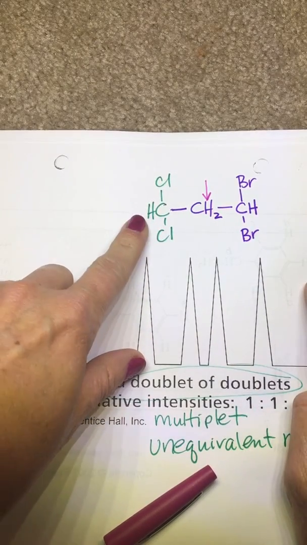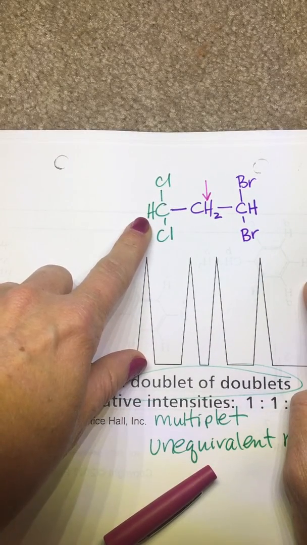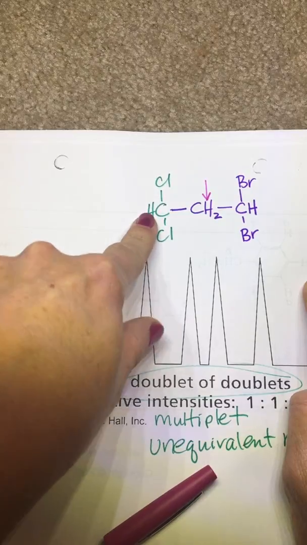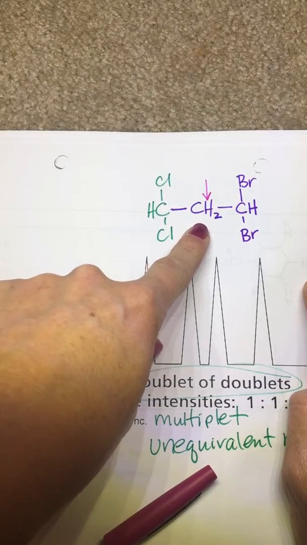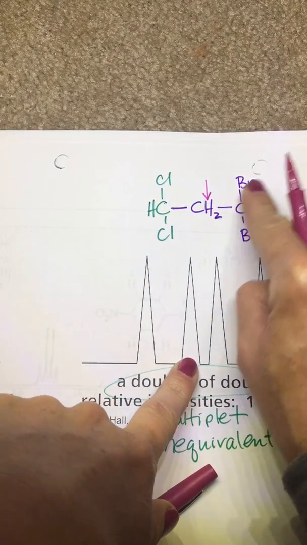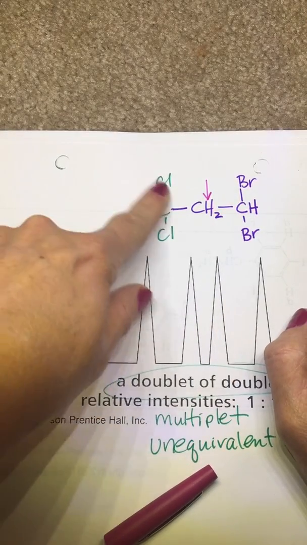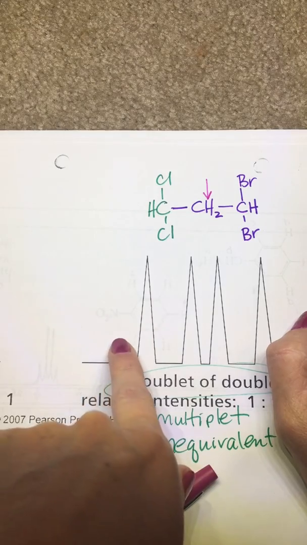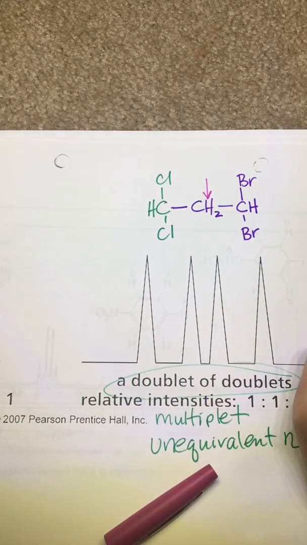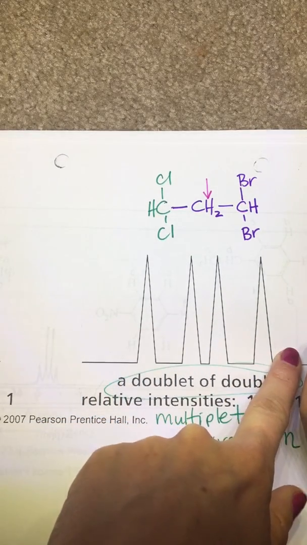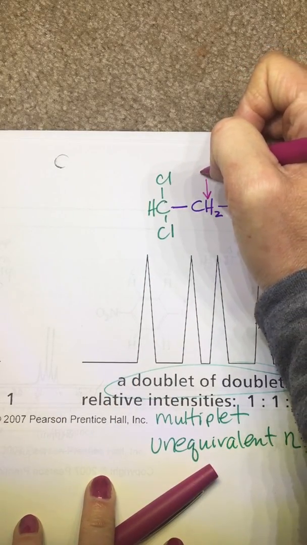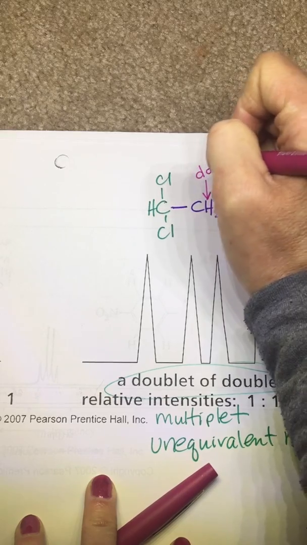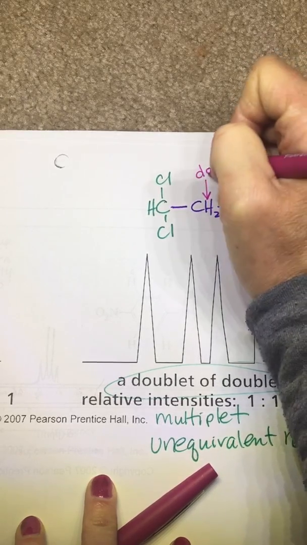Now, these green hydrogens, this little methine hydrogen here, how can it affect this guy? Well, it could spin up and spin down, also affecting these 2 methylene hydrogens 2 ways. So we've got 2 effects here, we've got 2 effects here. So that's why you're seeing 2 + 2 is 4. But it's all the same height. Okay, so these hydrogens right here would have a doublet of doublets.